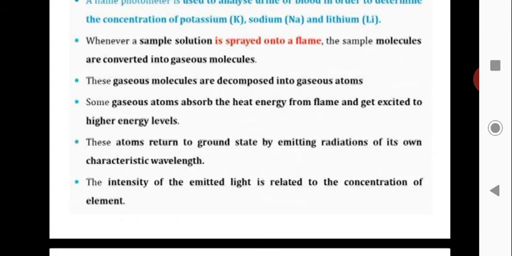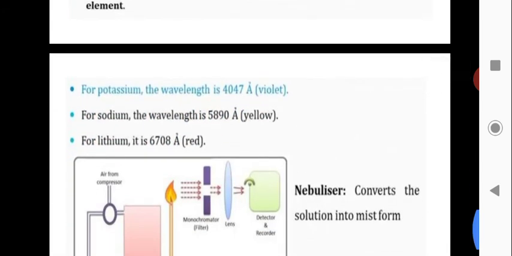Usually the color emitted by sodium will be yellow. For potassium, the wavelength is 4047 angstrom, that is violet, and for sodium the wavelength is 5819 angstrom, that is yellow.